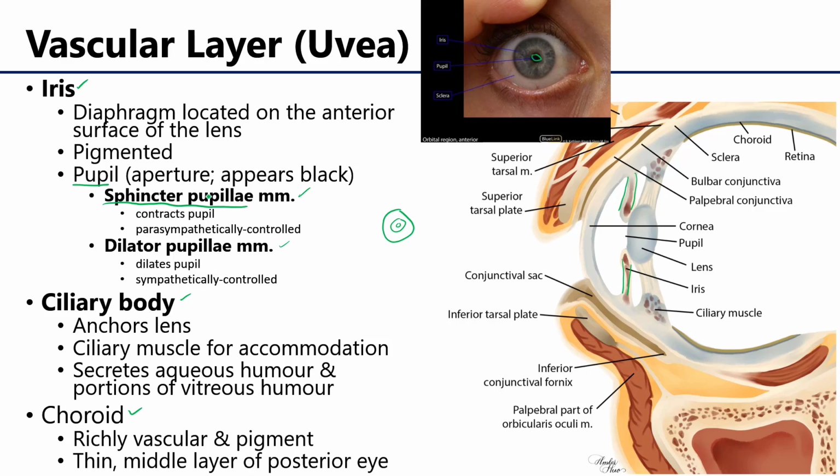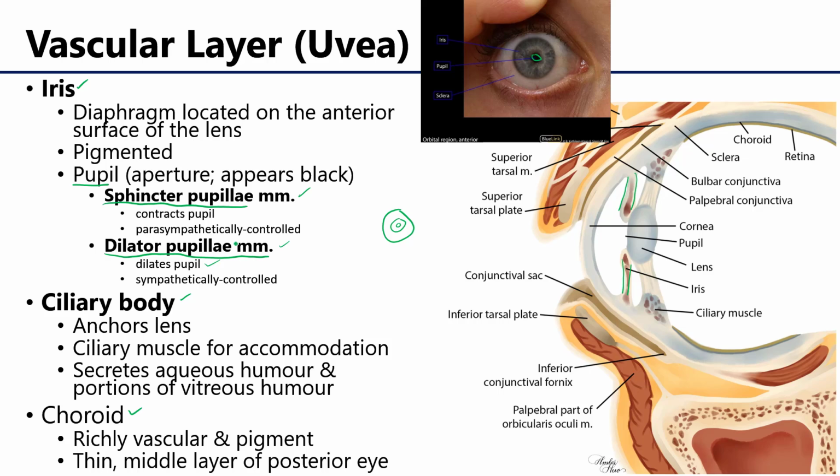So with parasympathetic stimulation, the pupils are going to constrict or get smaller, whereas the dilator pupillae muscles are going to dilate the pupils, make them larger, letting in more light, and these are under sympathetic control. And those fibers are coming from the superior cervical ganglion of the sympathetic trunk, which serves all of the head.